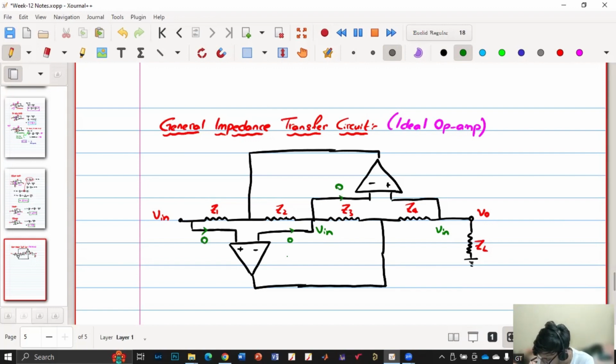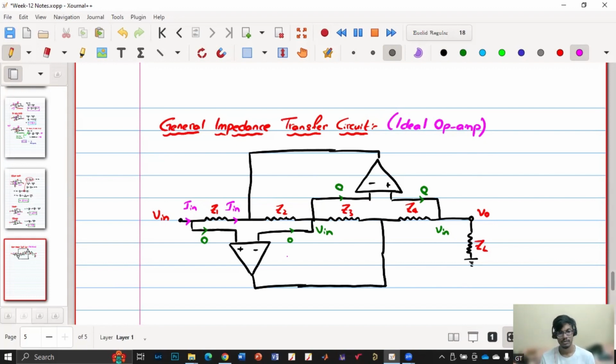Current in this is also zero and current in this also is zero. But the current here is non-zero, so we do not know the current. Okay, so now say current I1 is flowing. The input current is say I in. The same current will flow over here also, I in.